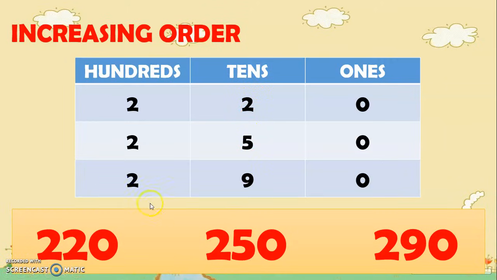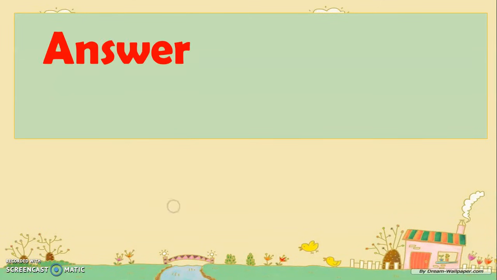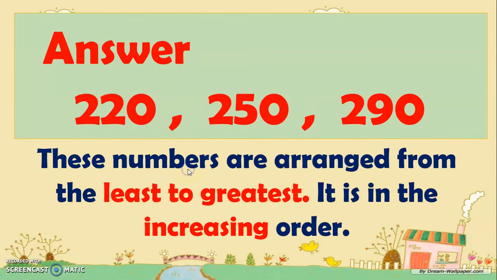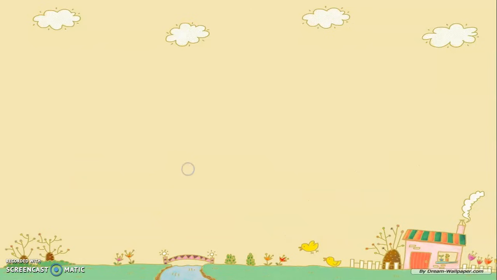That's why we can see that 220 is less than 250 and 250 is less than 290. That's why the answer is 220, 250, and 290. And these numbers are arranged from the least to greatest. It is in the increasing order.